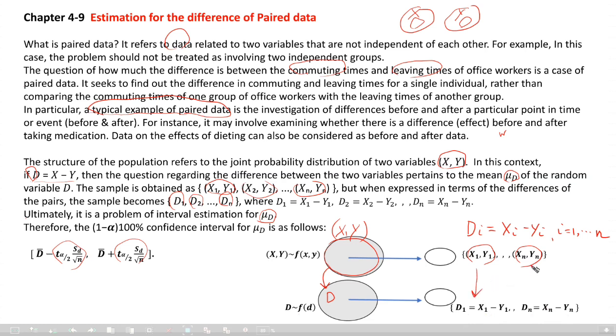This comes to here. Do you understand the paired data problem? Okay? It looks like a two variables problem, but you have to know your data, or your purpose: whether you want to compare two independent groups, or just want to know the difference between two variables. So you have to see that kind of thing.